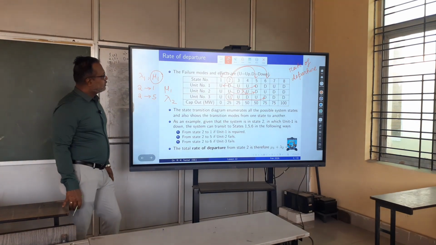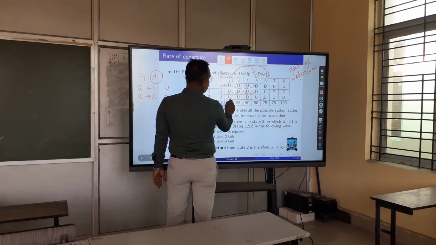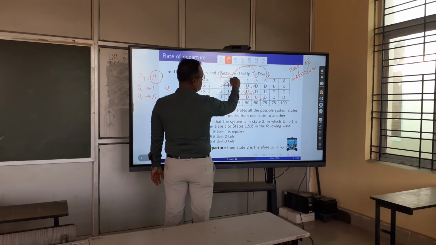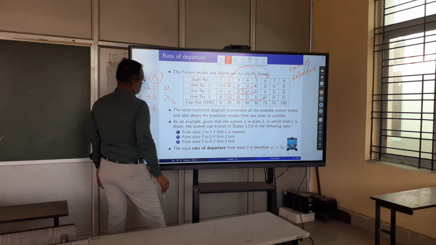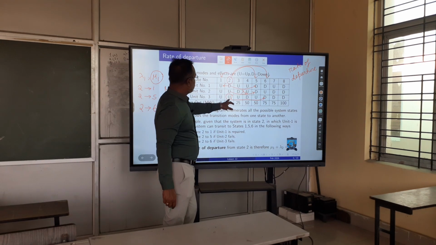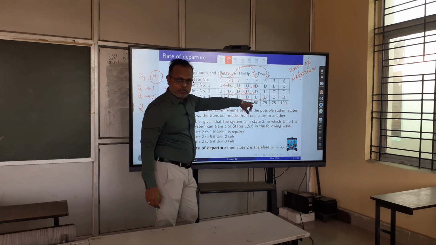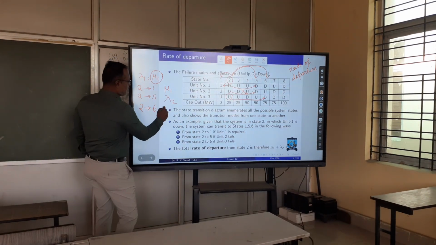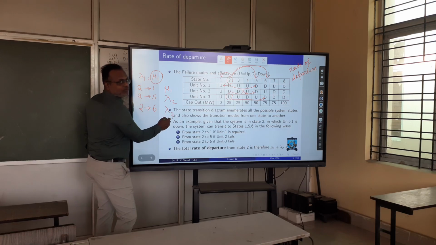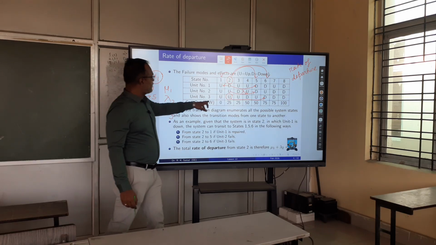Got it? For unit 3, for the transition from 2 to 6, unit 3 goes down. So what is the departure rate? Lambda 3.